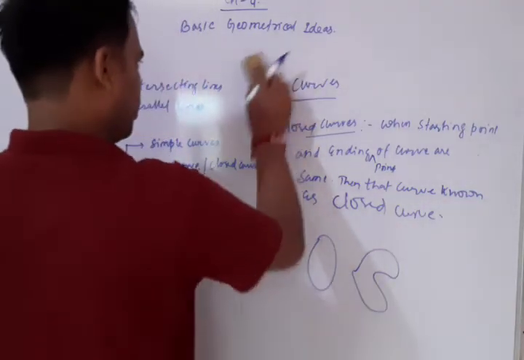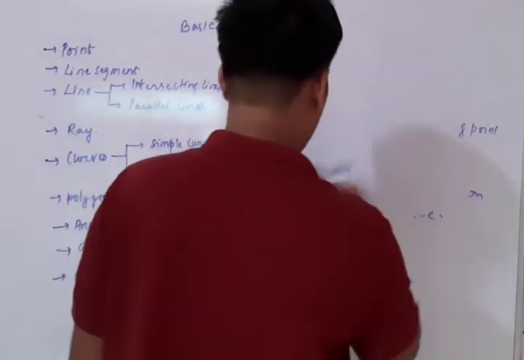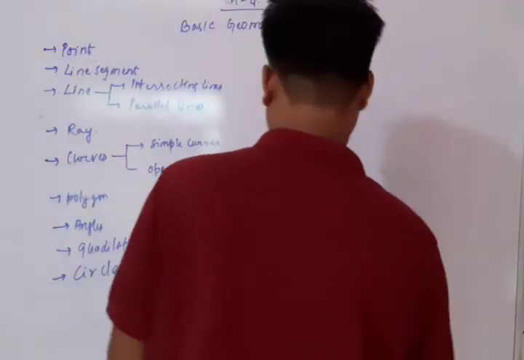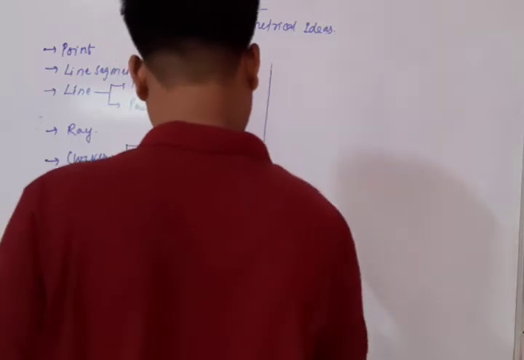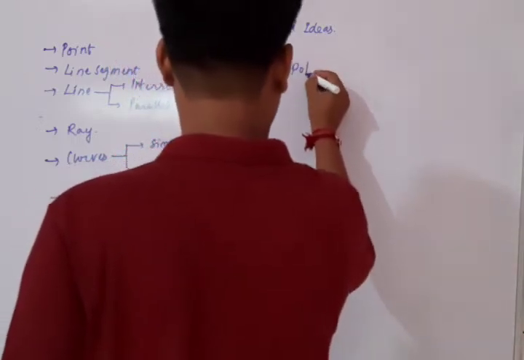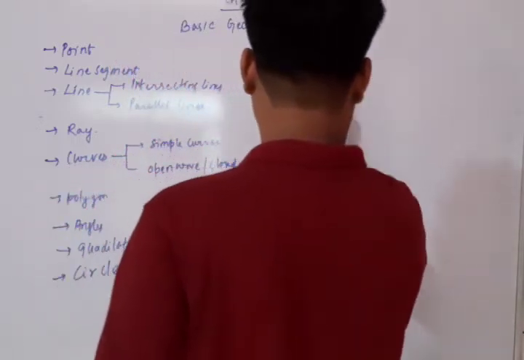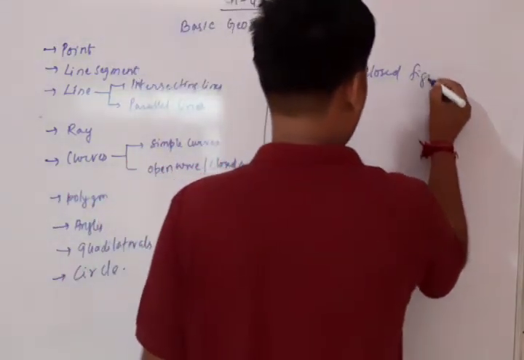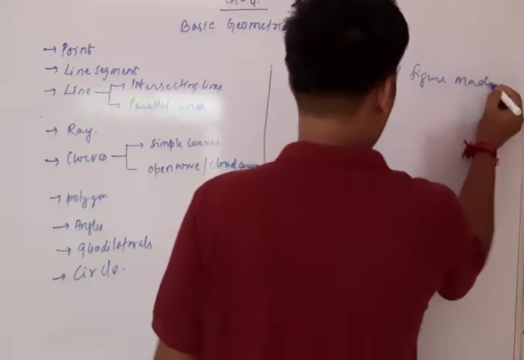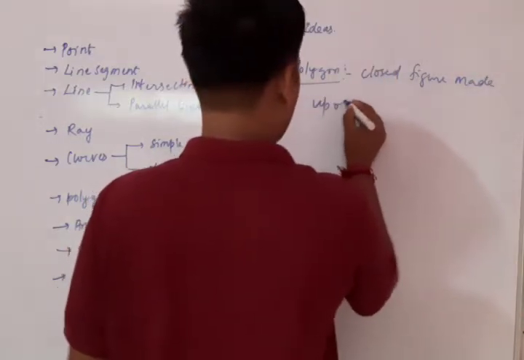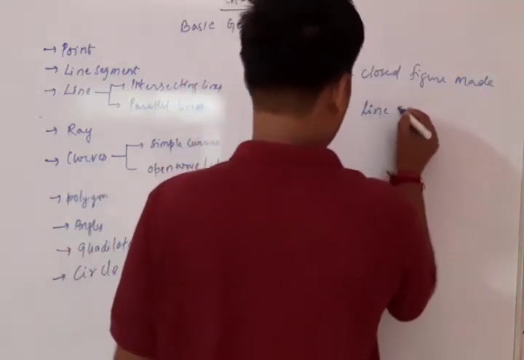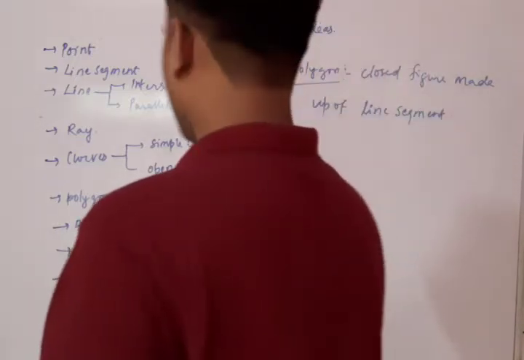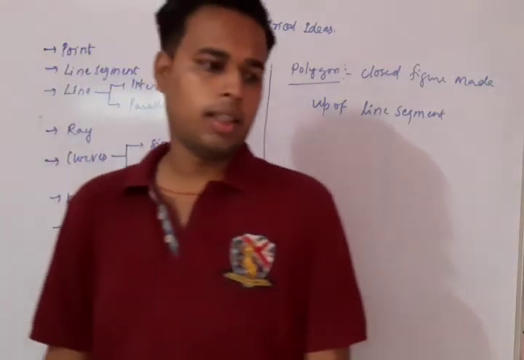Now moving on, next we have polygons. Polygons are closed figures made up of line segments.